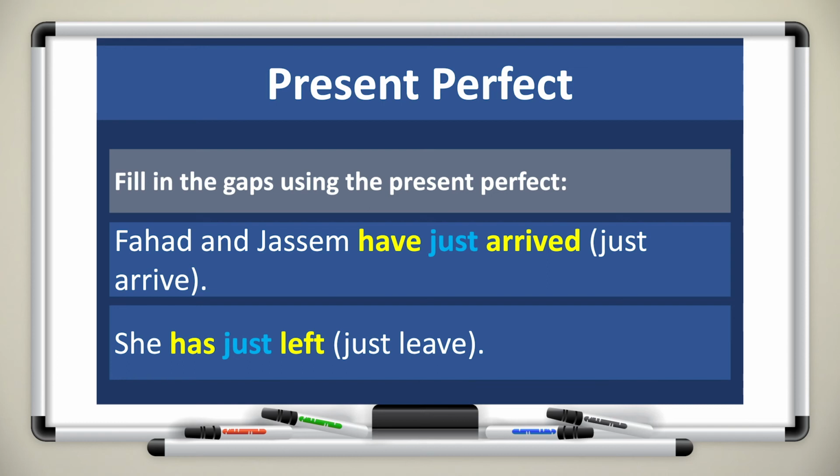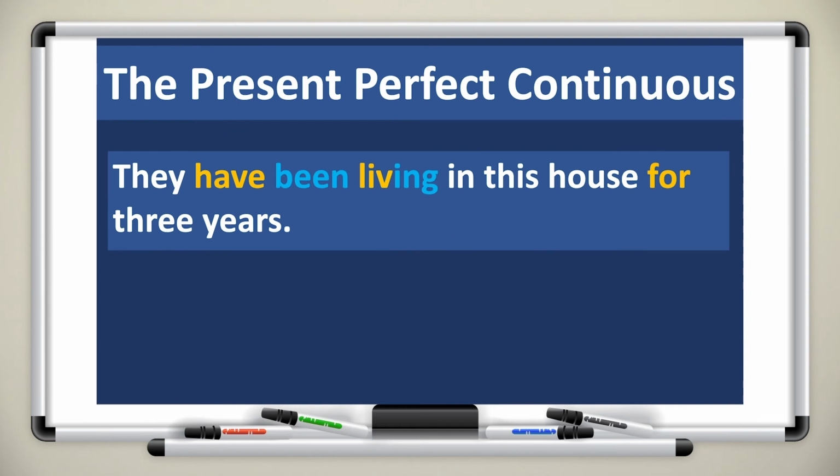Now, we learned the present perfect. Let's learn more about the present perfect continuous. When I say they have been living in this house for 3 years, take a look at the verbs in this sentence. Have been living in this house for 3 years. So have tells me that this sentence is in the present perfect.